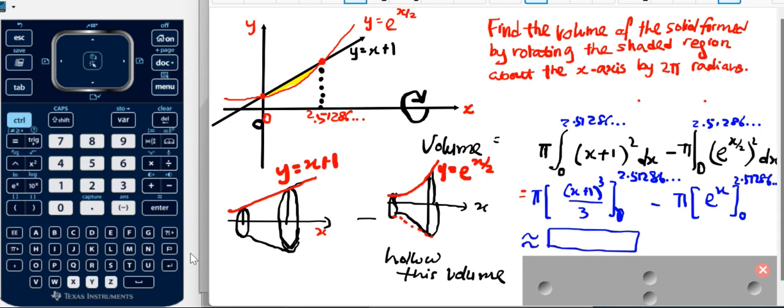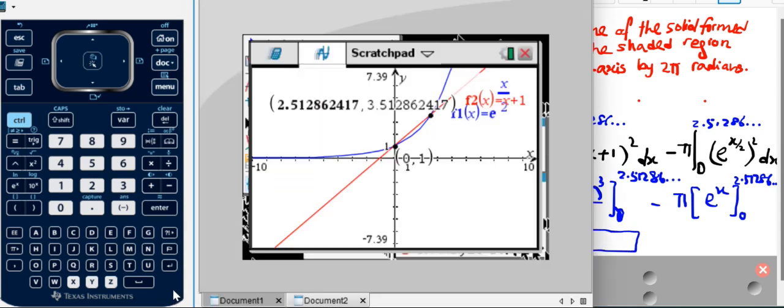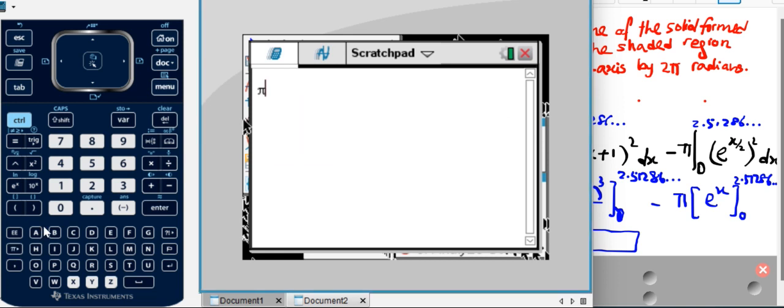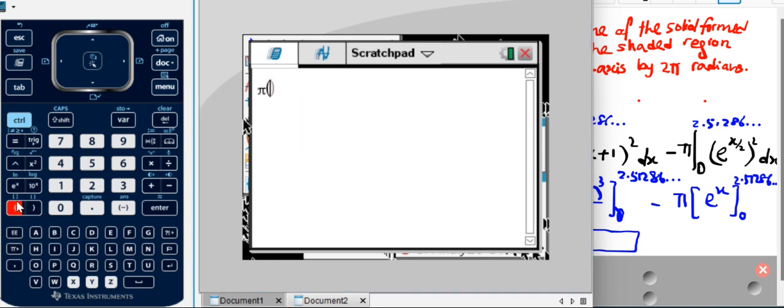To find the answer, I will need to go back to the Scratchpad. So you can put in pi here first, and then a big bracket, and then another bracket for the linear function, which is x plus 1, and then everything cubed, and then after that divide by 3, and then minus e to the power of x.